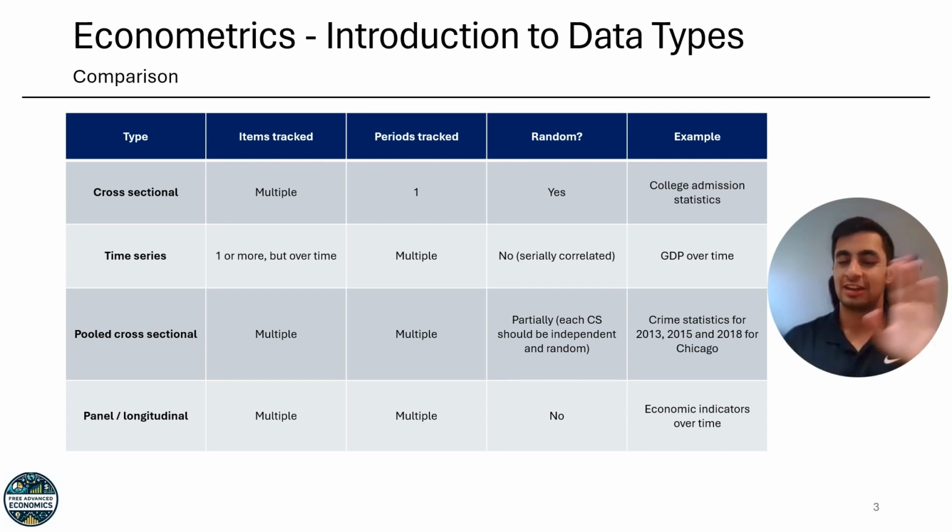Pooled cross-sectional, and I briefly mentioned this last time, it's a combination of two cross-sectional data coming together. But remember that the key aspect of differentiation is that the subjects that are tracked are random, and it is very unlikely that the two subjects will overlap across two cross-sectional data sets. For example, we were studying the crime statistics for 2013 and 2015 and 2018 in Chicago.